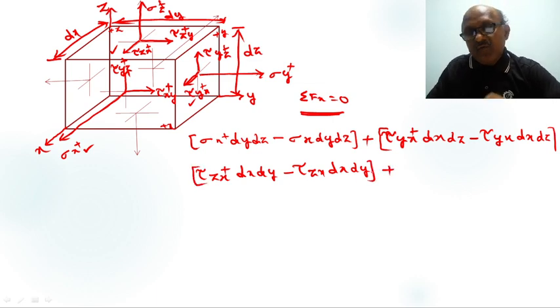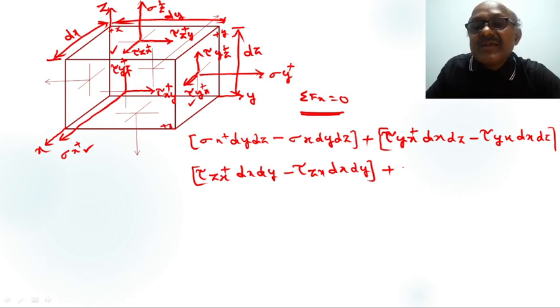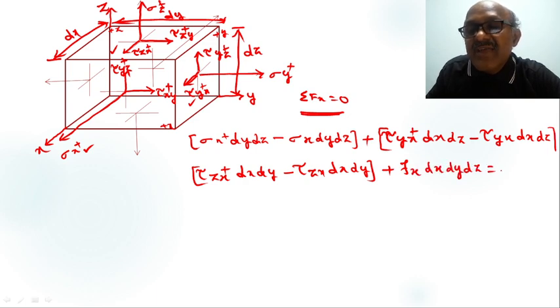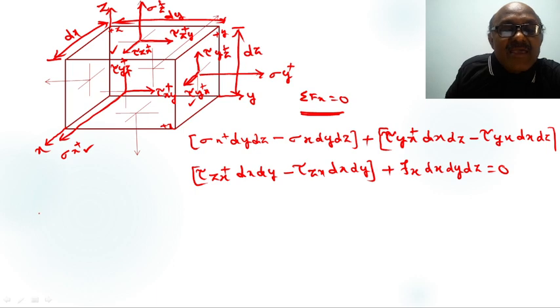The body force acting in the x direction is Fx per unit volume. For volume dV it is Fx into dx into dy into dz, that is equal to 0, my dear students.